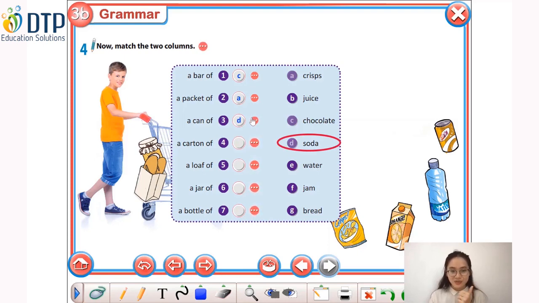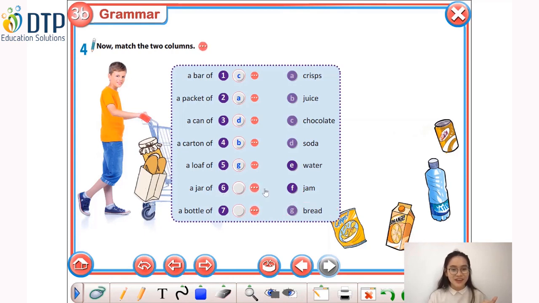Good job. Next one, a carton. A carton of, here we have something like orange, something like juice, right? So we say a carton of juice. Perfect. Next one, a loaf. Yeah, of course, a loaf of bread. Bingo. Next one, a jar.